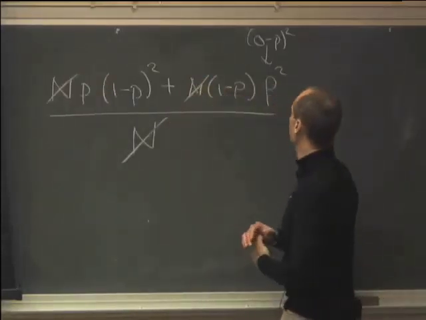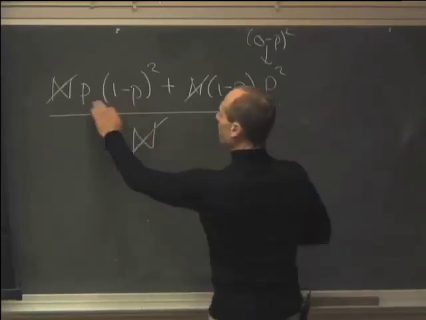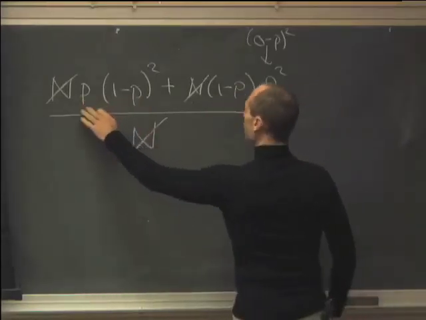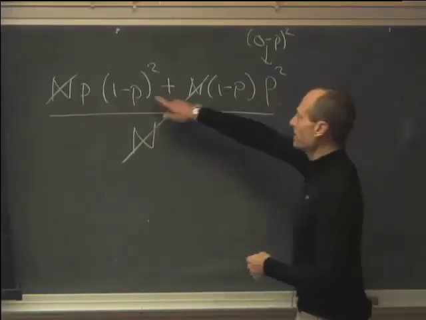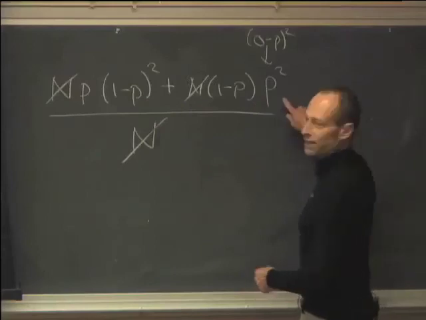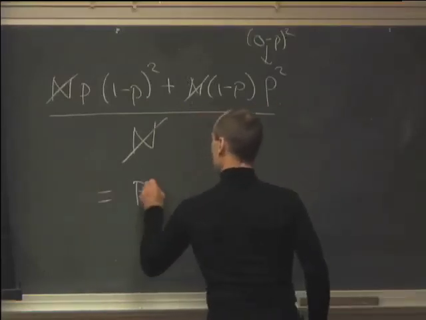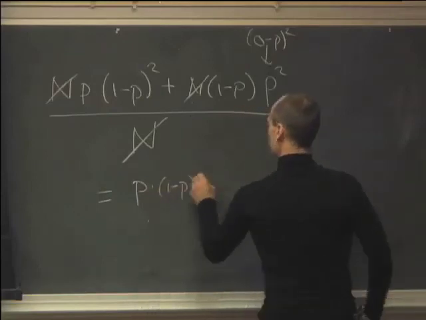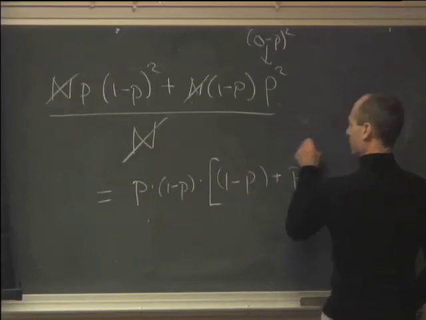Yes? And now, if we look at what's going on here, both terms have a factor of p, and both terms have a factor of 1 minus p. This one has an extra factor of 1 minus p. This one has an extra factor of p. So I can write this as p times (1 minus p) times ((1 minus p) plus p).